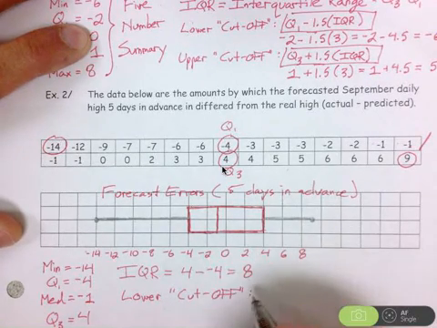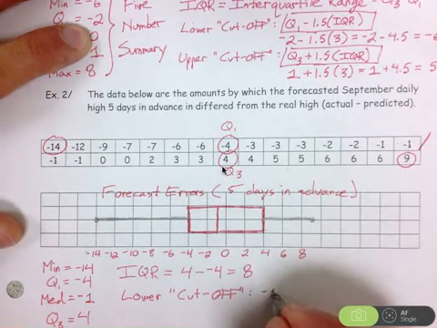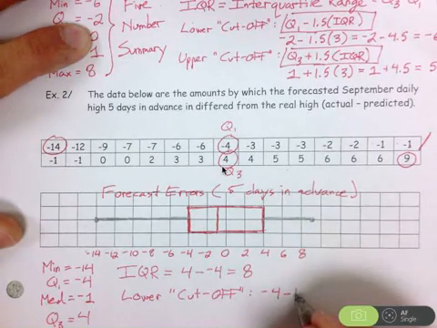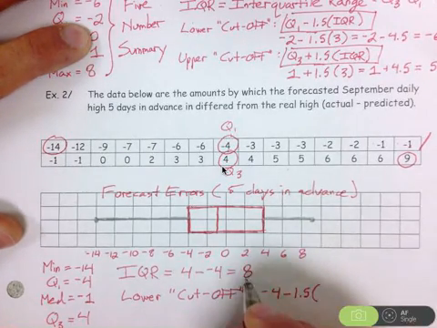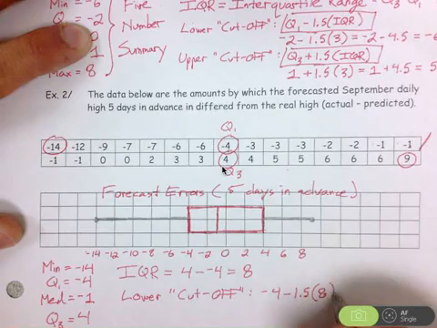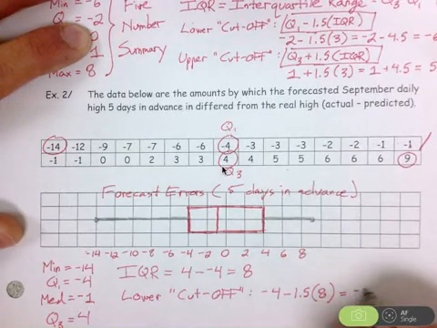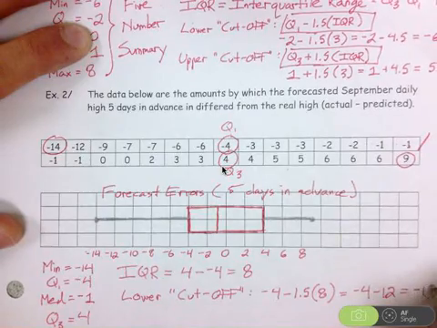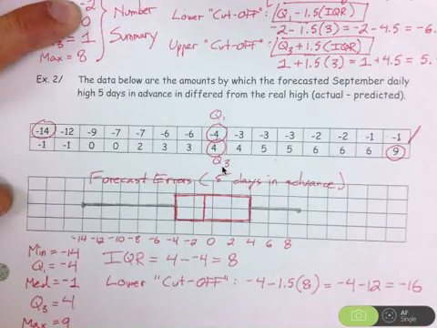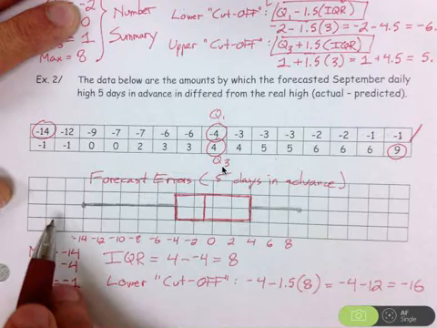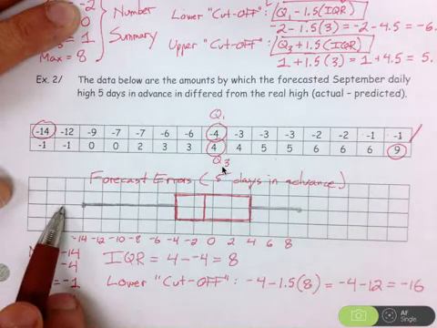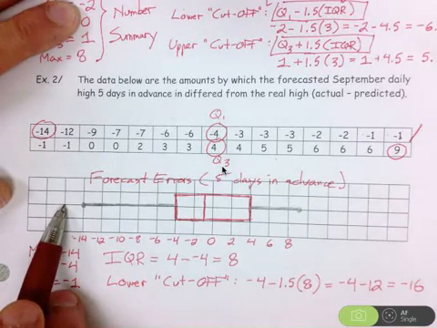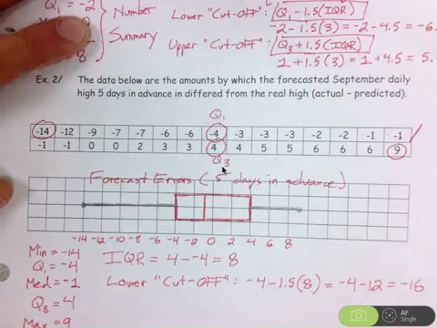So the lower cutoff would be Q1, -4, minus 1.5 times the interquartile range of 8. So that's going to be negative 4 minus 12. That will be at negative 16. So notice I don't have any outliers on the low side. I would have to be below negative 16 in order to have an outlier, and my minimum's at negative 14.